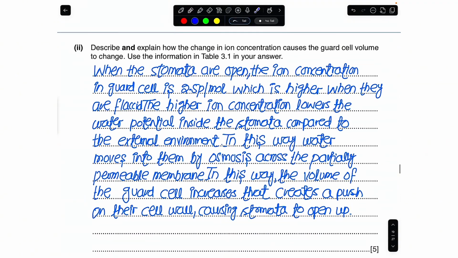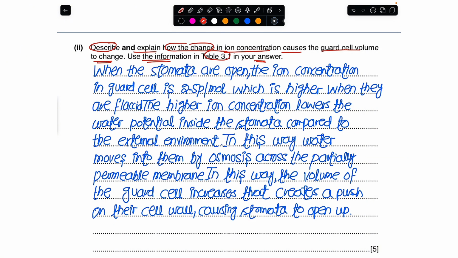Now, for another 5 marks, they want us to describe and explain how the change in the ion concentration causes the guard cell volume to change, and we are required to use the information in table 3.1 in our answer.